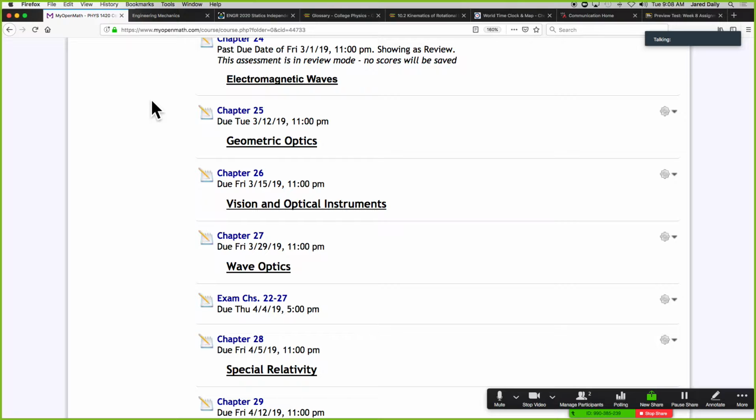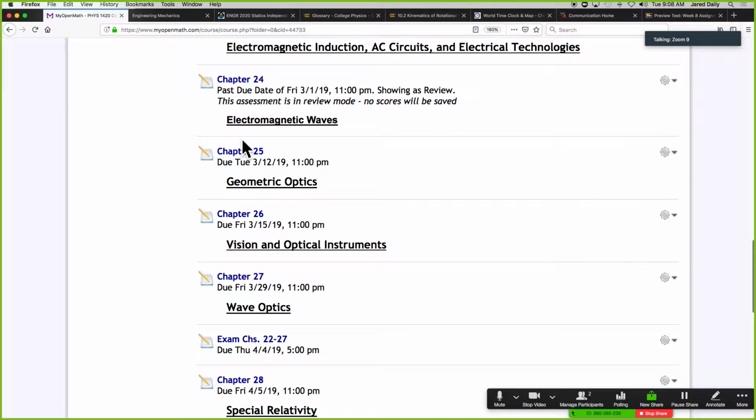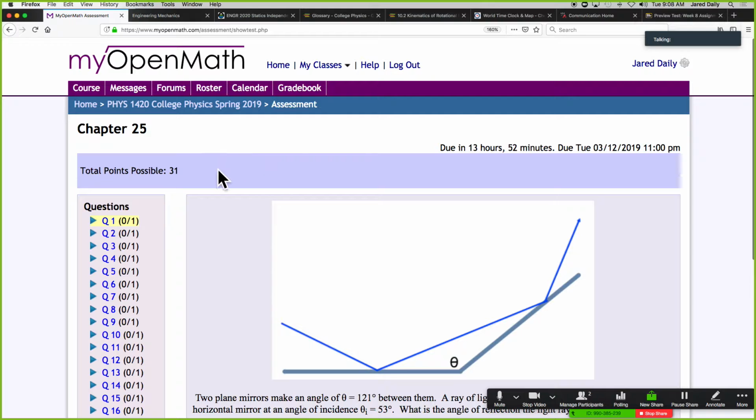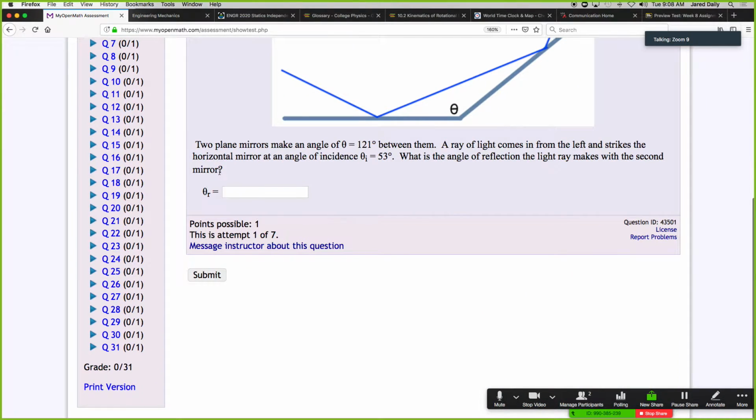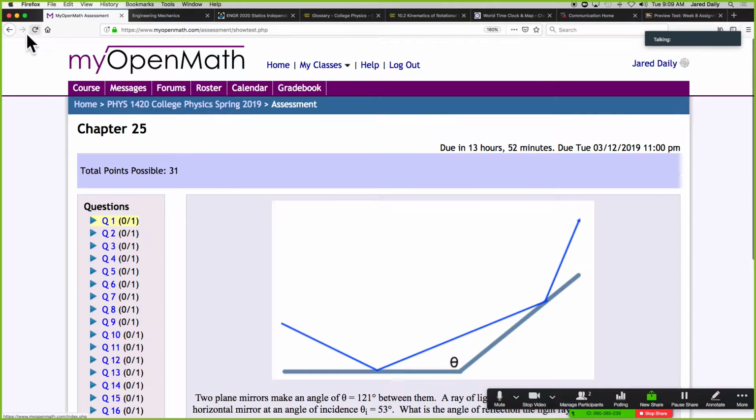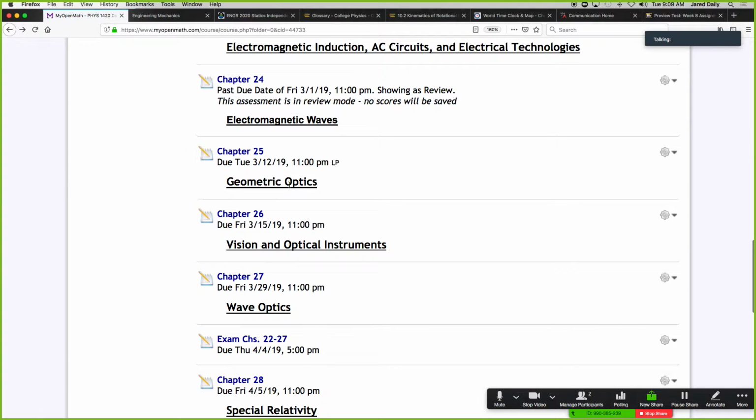But have any of you looked at the homework for this week? I didn't think there was anything. I clicked and everything was available. So there is homework. I think we're on to chapter 26 this week. Did anybody do chapter 25?